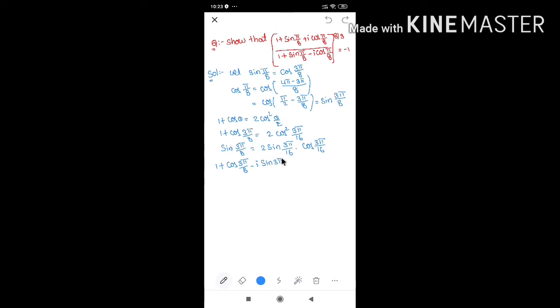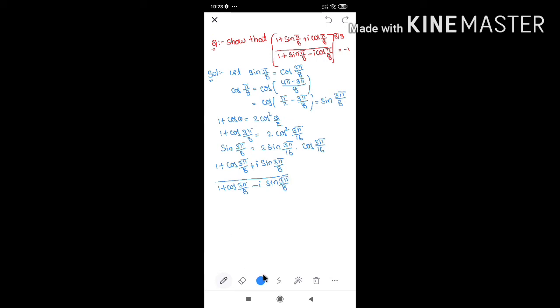Same thing in the denominator, where plus is there: 1 plus cos 3 pi by 8 minus i sin 3 pi by 8.